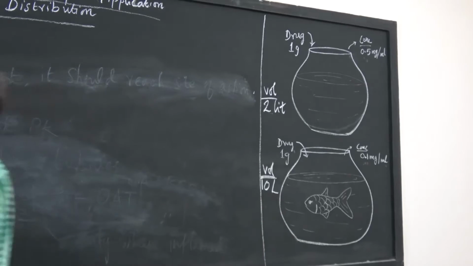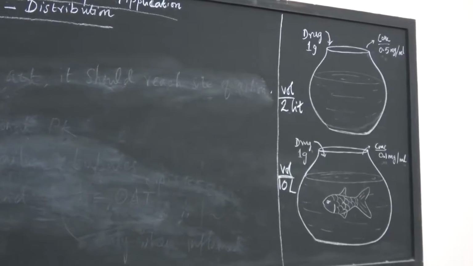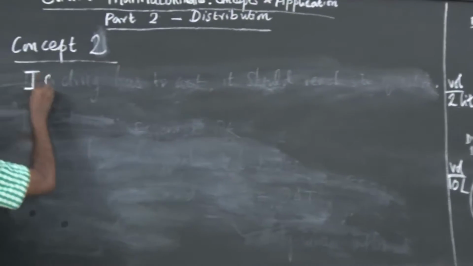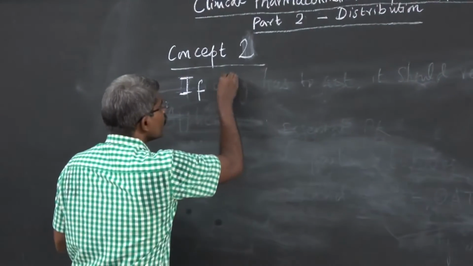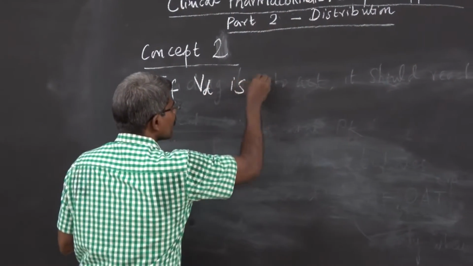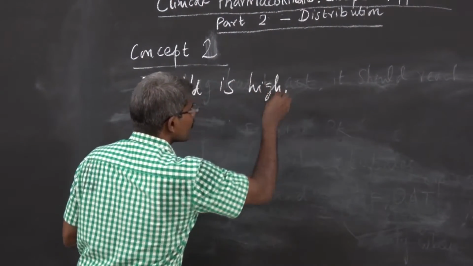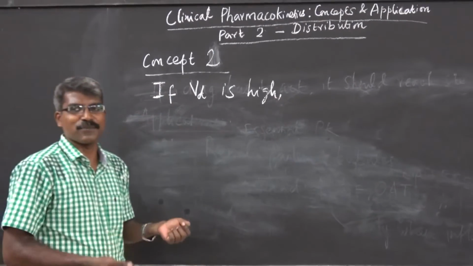Now let's come to the concept. If volume of distribution is high, then what does that mean?